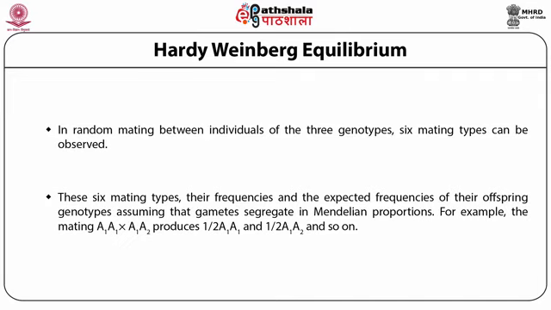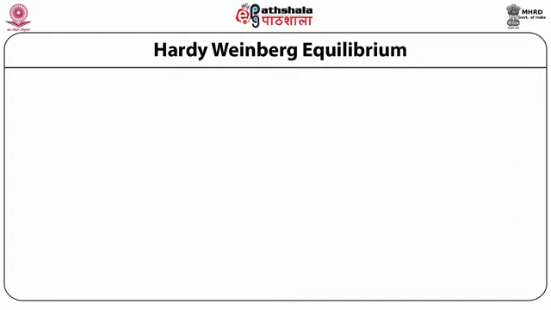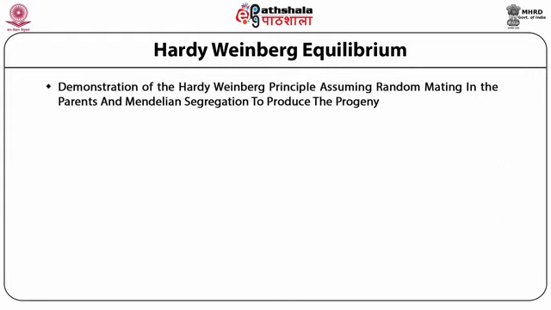For example, the mating between A1A1 genotype and A1A2 produces half A1A1 and half A1A2 types of gametes. The graph given in this slide demonstrates the Hardy-Weinberg principle assuming random mating in the parents and Mendelian segregation to produce the progeny.